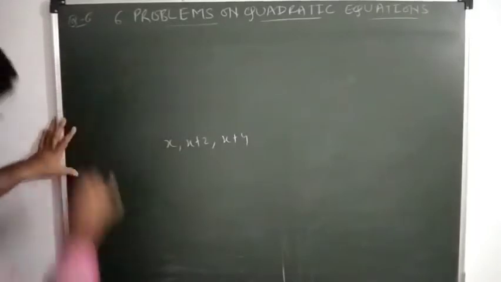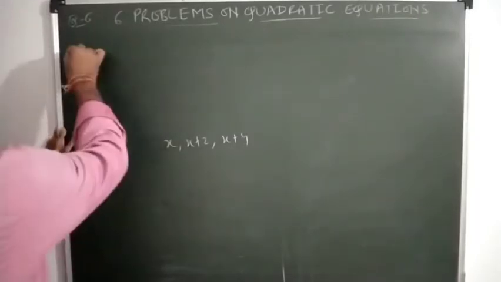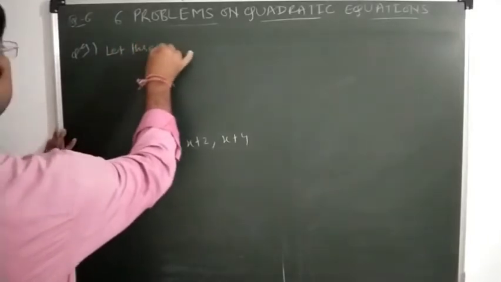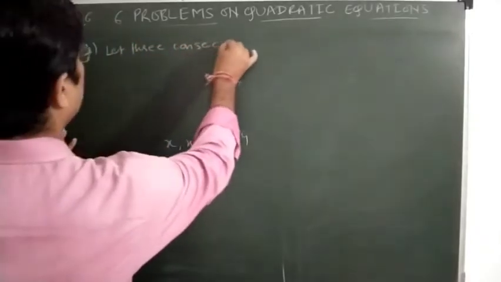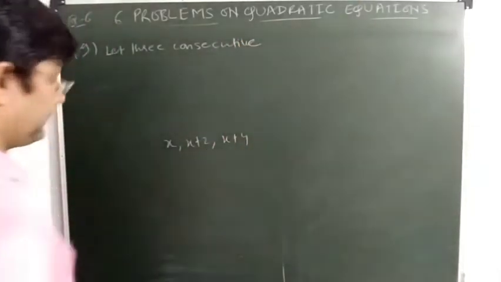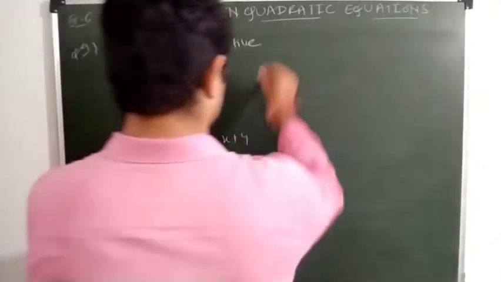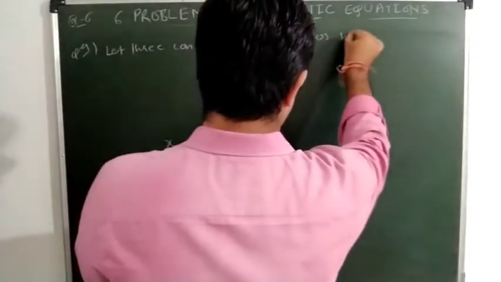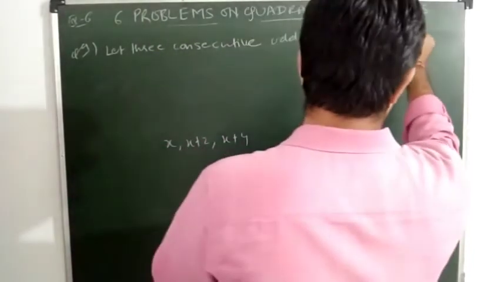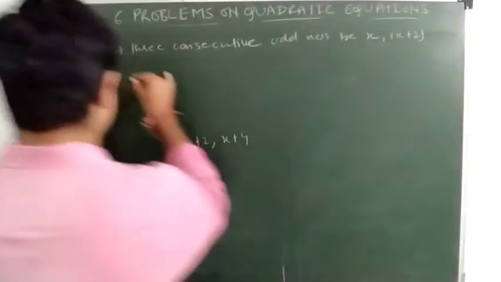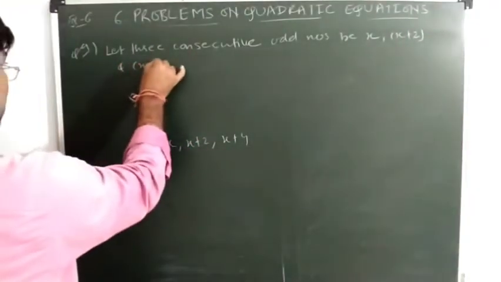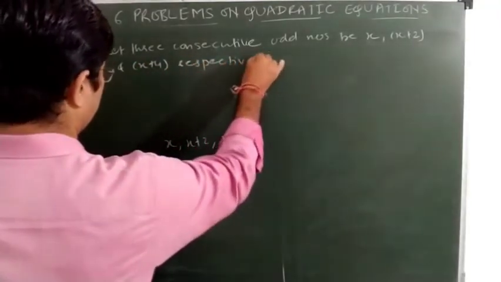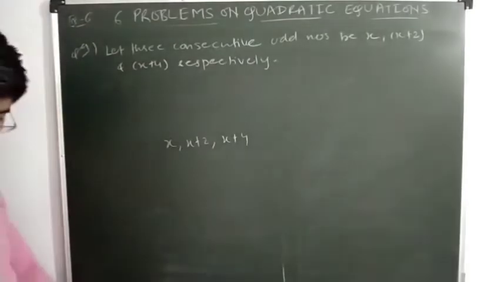Question number 9. Let three consecutive odd numbers be x, x plus 2 and x plus 4 respectively. Yes or no?